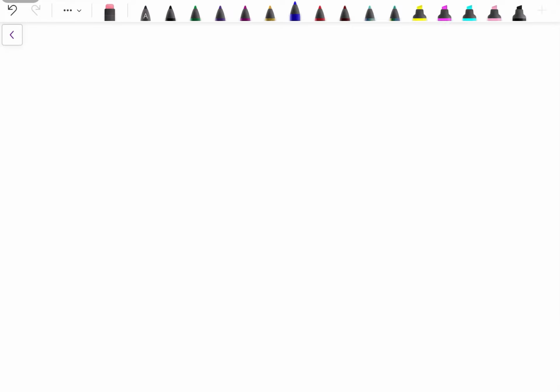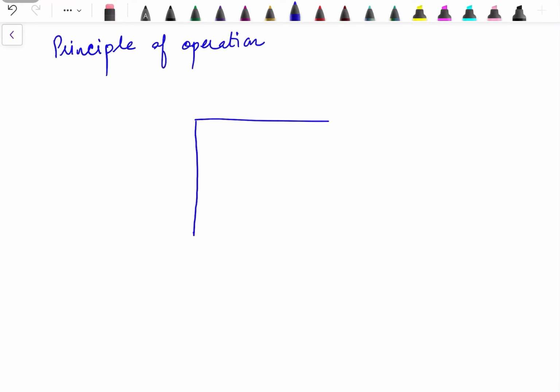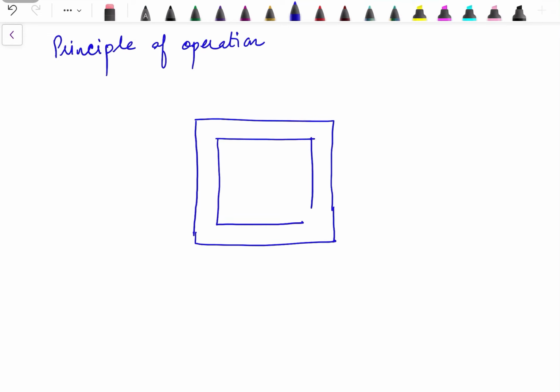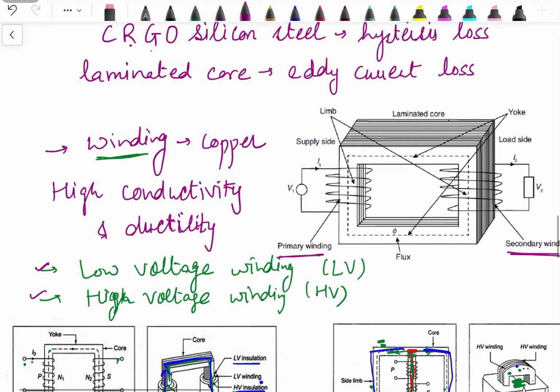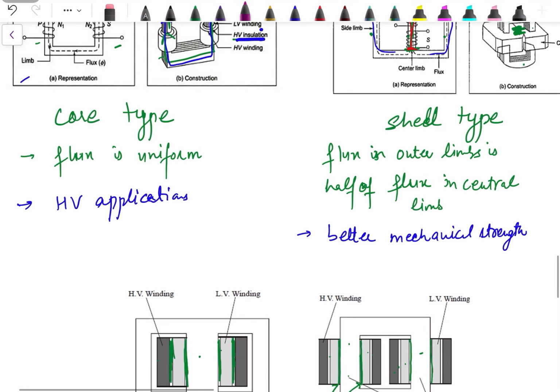Now in order to understand its principle of operation, let's draw a transformer like this. Now in a transformer, we have seen that we have two types of winding, low voltage winding and high voltage winding. These names are as per the construction point of view.